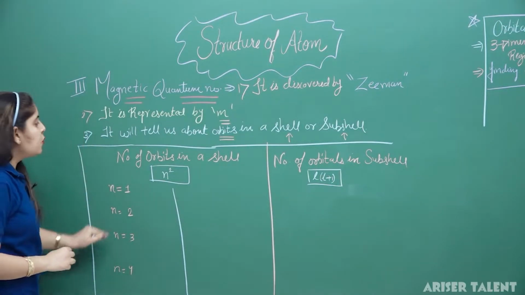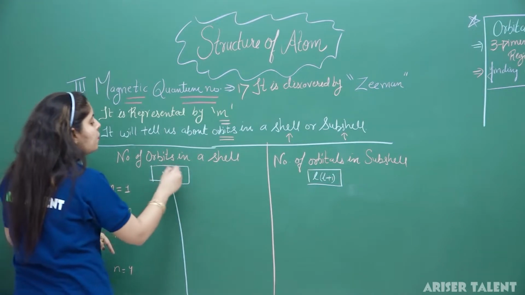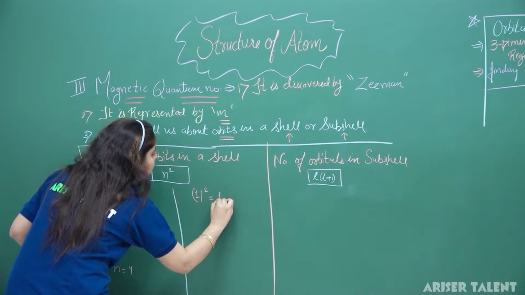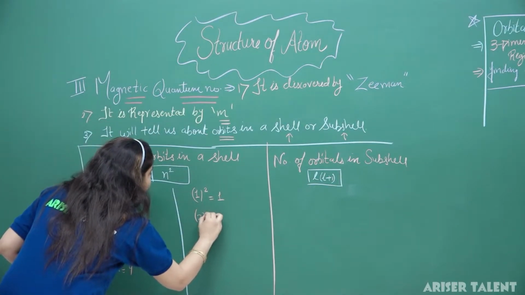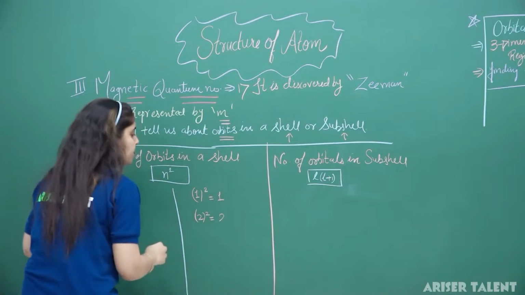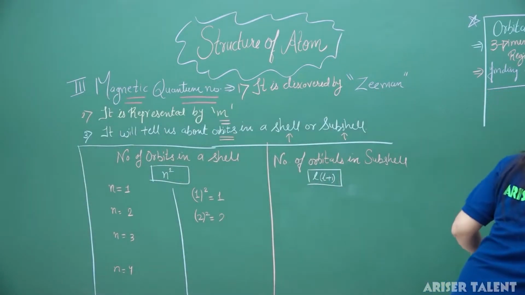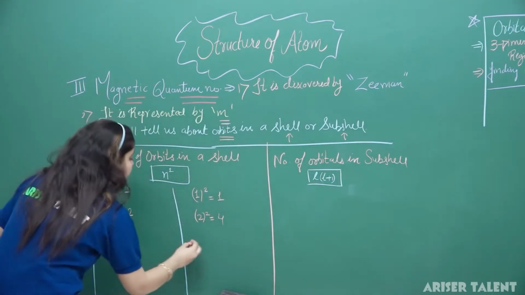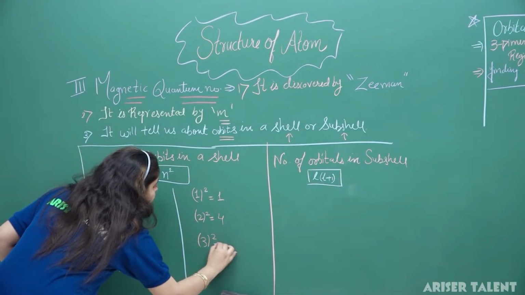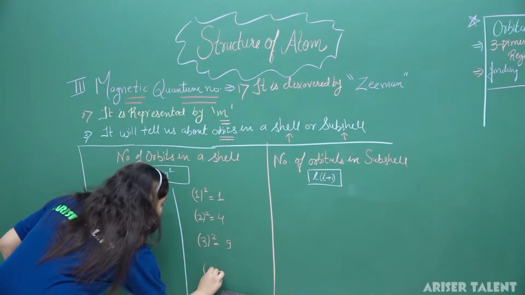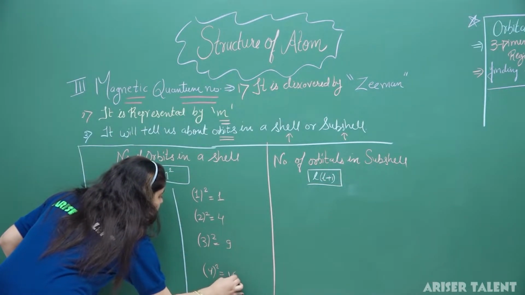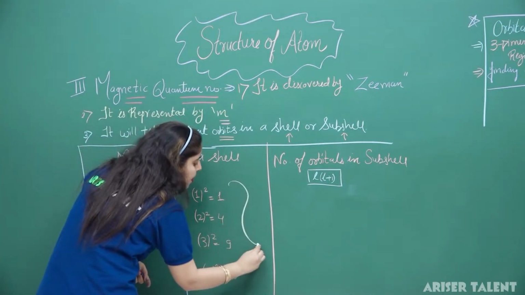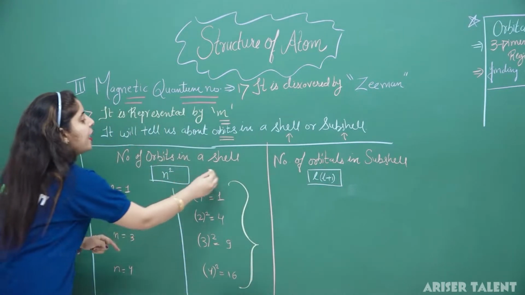For the different values of n, we will get the number of orbitals as n square: 1 square is equal to 1, 2 square is equal to 4, 3 square is equal to 9, and 4 square is equal to 16. So these are the values of the number of orbitals in the case of a shell.